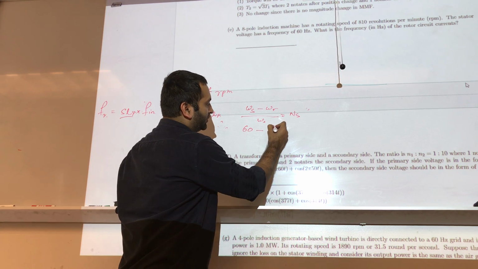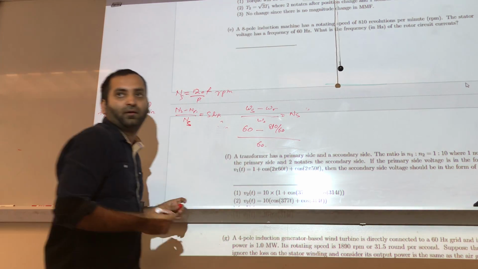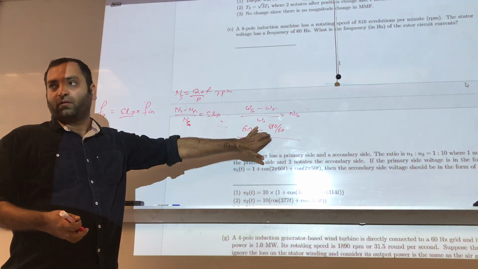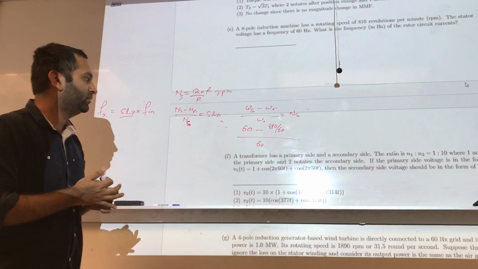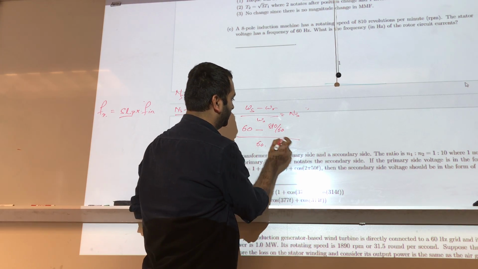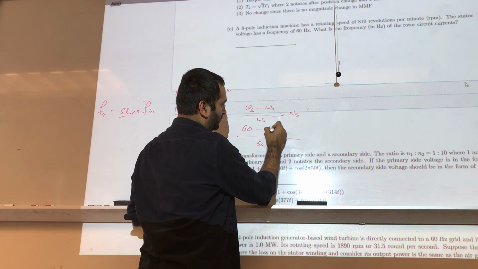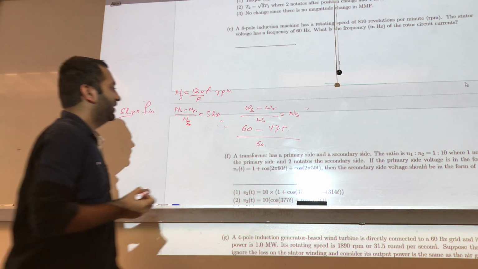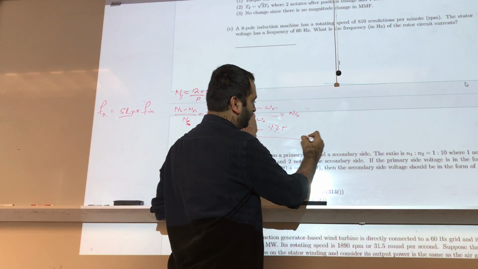So what is 810 over 60? Can you find this value? 13.5. Then 60 minus 13.5 over 60. 0.775.